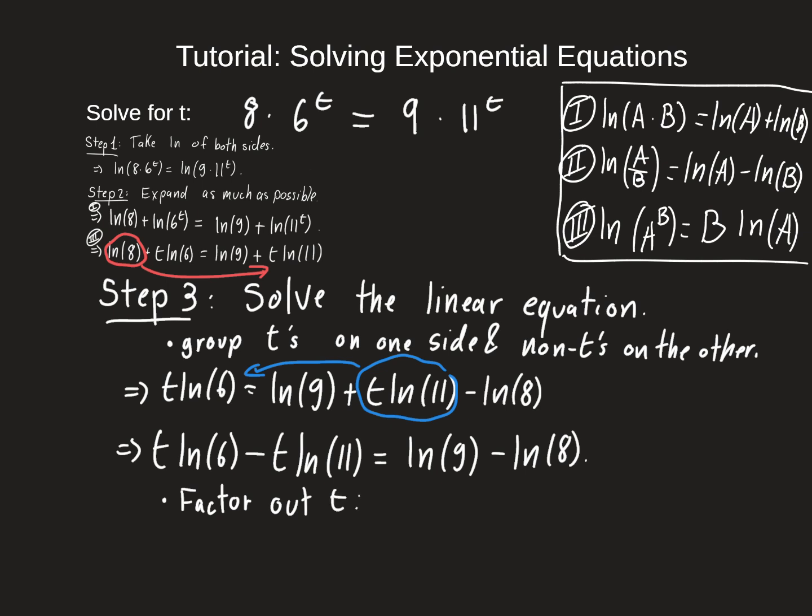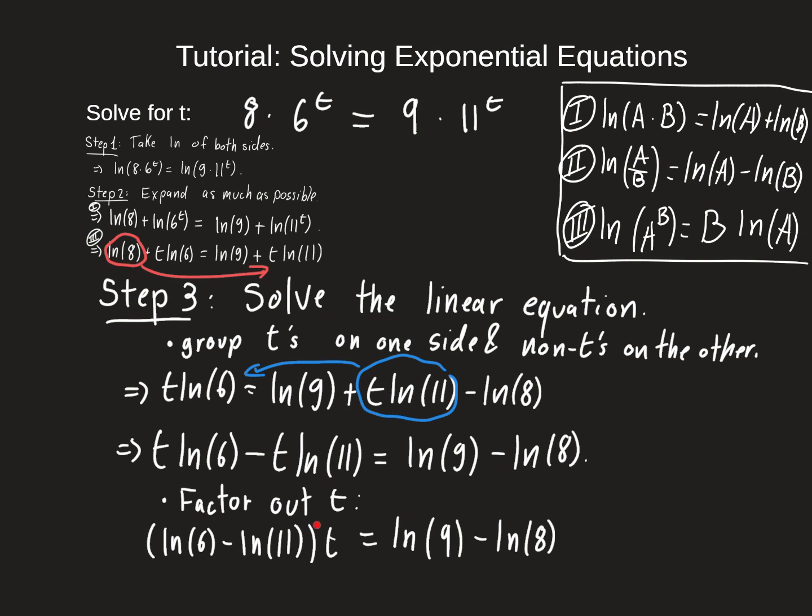Basically we're just counting how many t's we have here. We have ln of 6 t's minus ln of 11 t's. So in total we're going to be left with ln of 6 minus ln of 11 t's, and that's still equal to ln of 9 minus ln of 8.